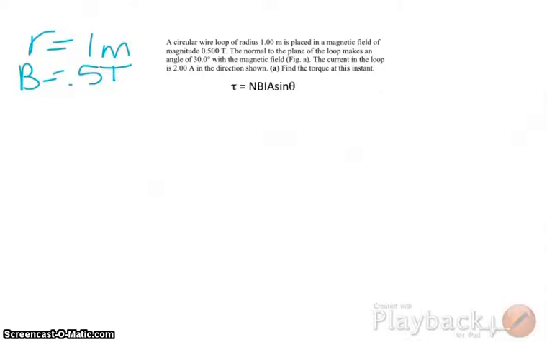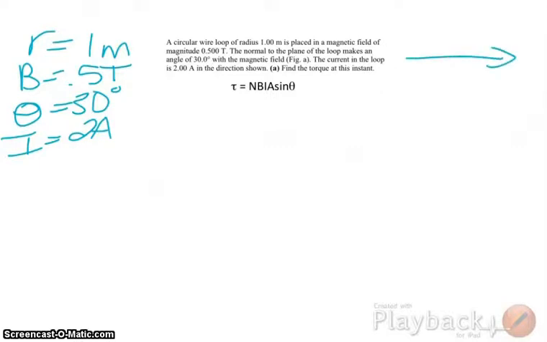Oh, sorry, the normal to the plane makes an angle of 30 degrees with the magnetic field. The current in the loop is 20 amps. Now let's see. It's placed in a magnetic field. The normal of the plane of the loop makes an angle of 30.